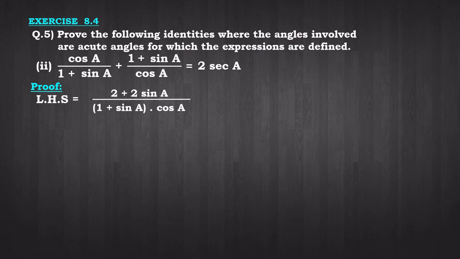Continuing from the previous step, we have (2 plus 2 sine A) divided by (1 plus sine A) multiplied by cosine A. Take 2 as the common factor from the numerator.